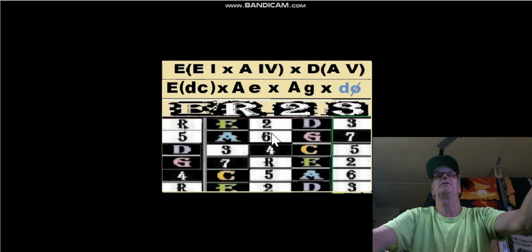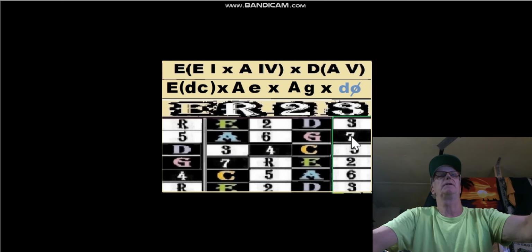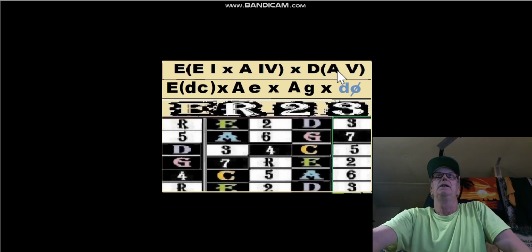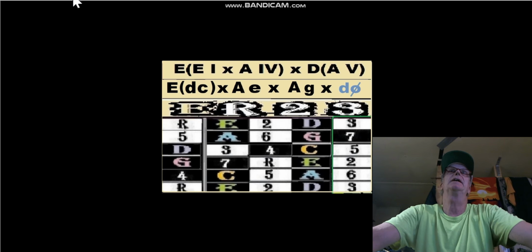So we have root 4, 6, and then we have 2, 5, 7. Like that. In the D box, that's the 5, that's the 4, and that's the 1 major. So that's the format for the Ionian box and for all the boxes that we're going to be looking at today.